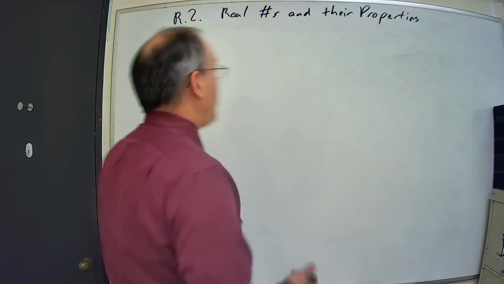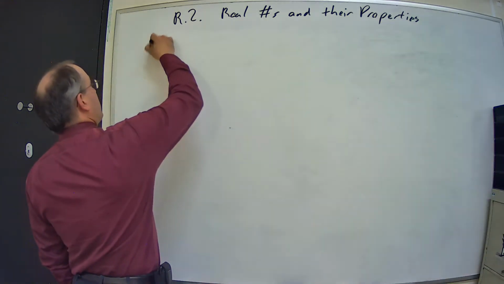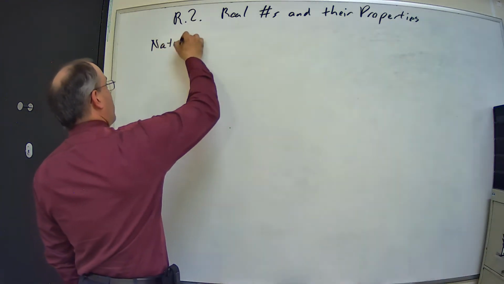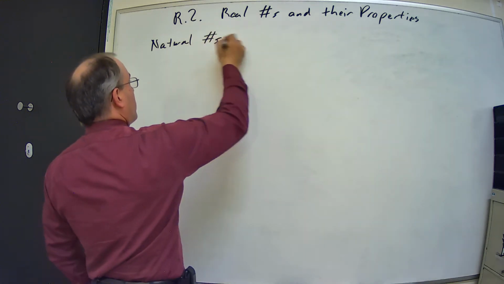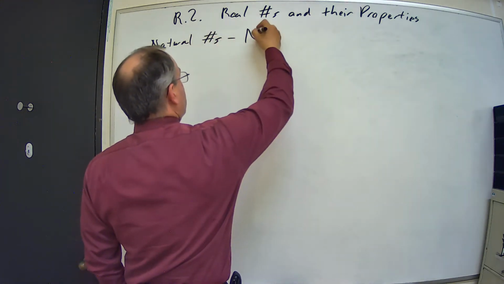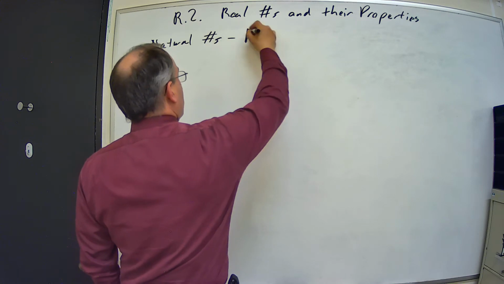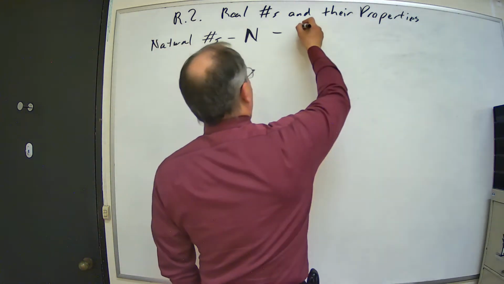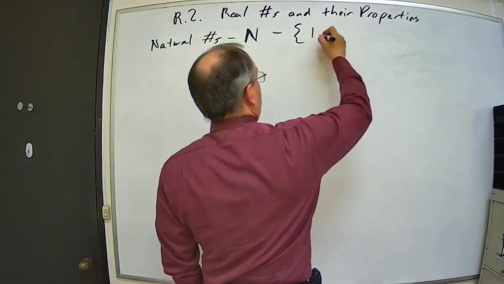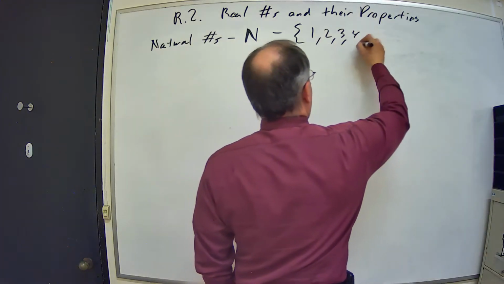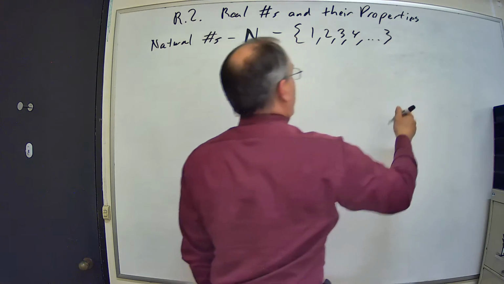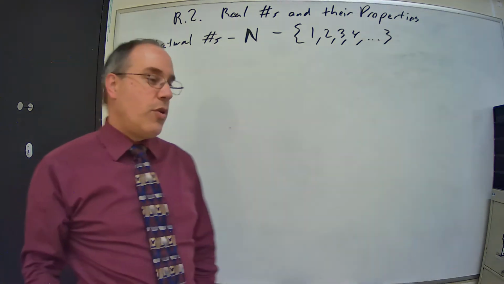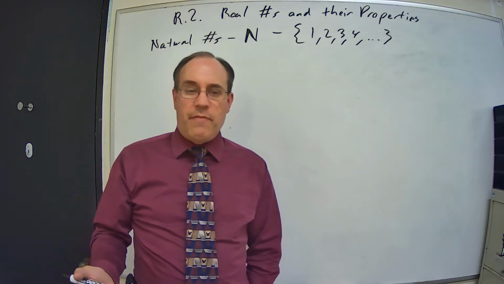Now we already talked about natural numbers. Right, with that bolded N. And we said the natural numbers were the numbers, or counting numbers, 1, 2, 3, 4, going on forever. So our natural numbers.